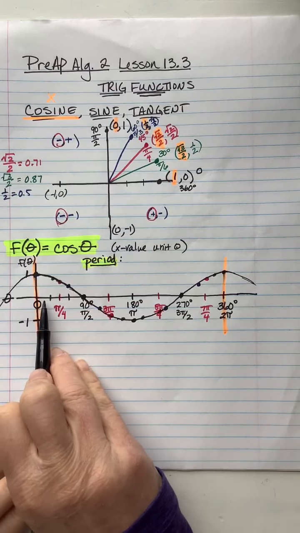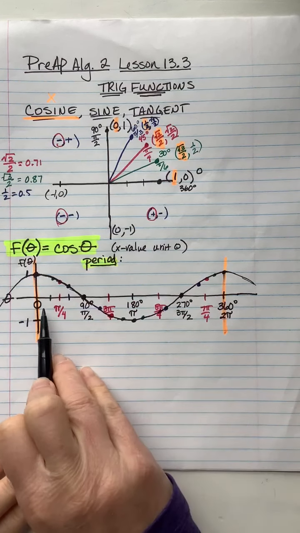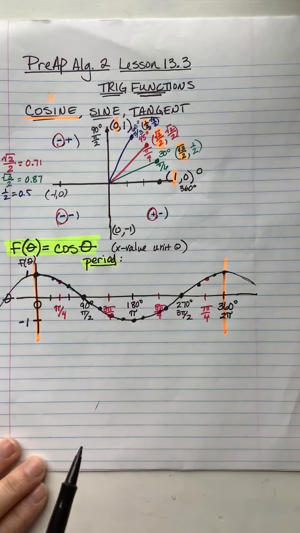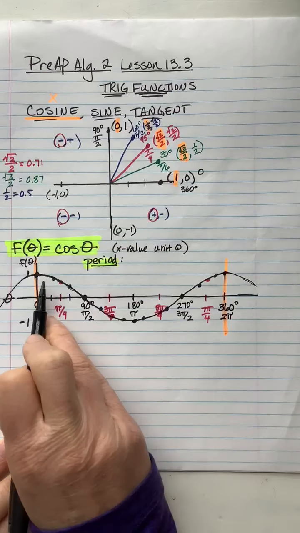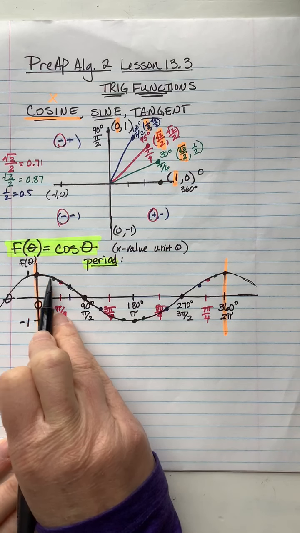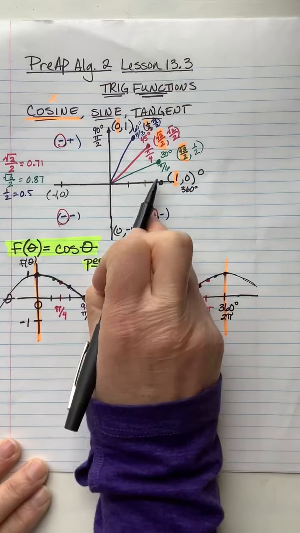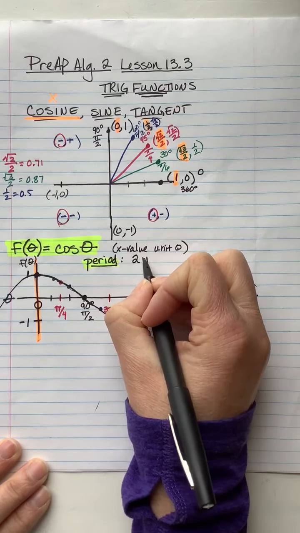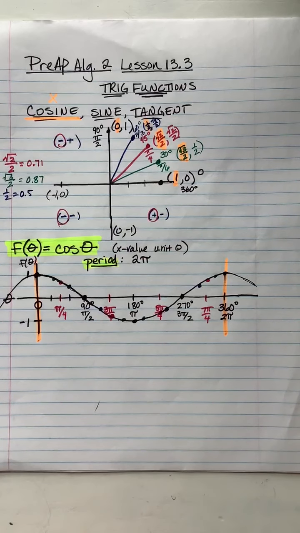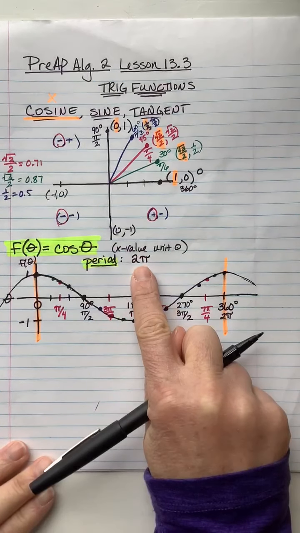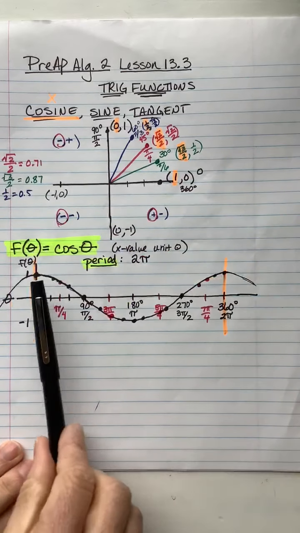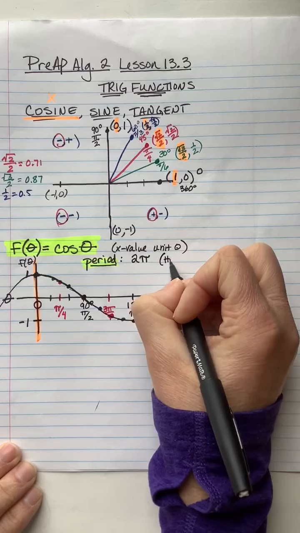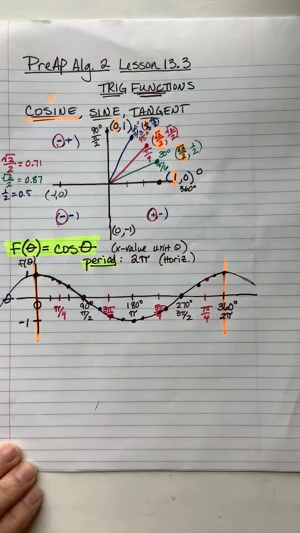So we're talking about the number of degrees or the number of radians that it's going to take for a full cosine wave to unfold. In this case, our period is going to take 2 pi in order to travel all around the unit circle. So the parent function's period, the time that it takes for one to unfold, is going to be 2 pi. That's going to talk about our horizontal distance traveled. So 2 pi is our horizontal distance traveled.